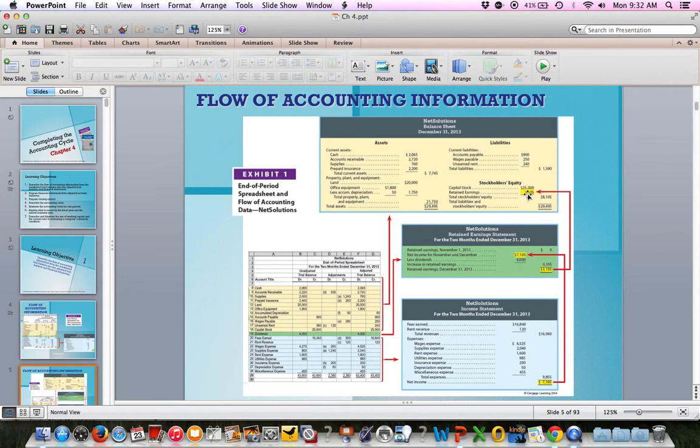And so these three financial statements are connected. You do the income statement first because you need to put the $7,105 of net income on the retained earnings statement. You compute your ending retained earnings, then that number is transcribed and goes to the statement of equity.